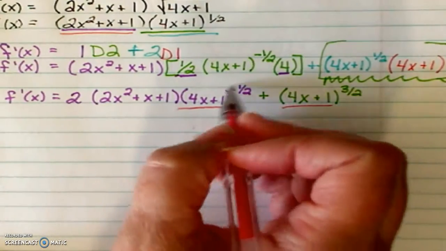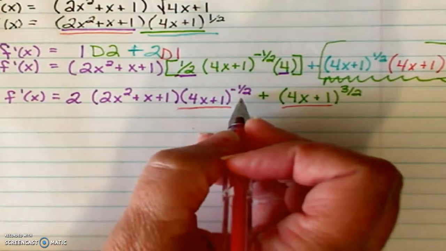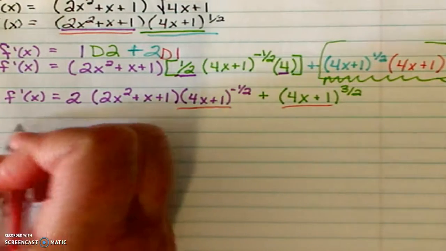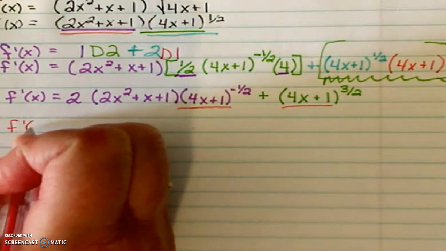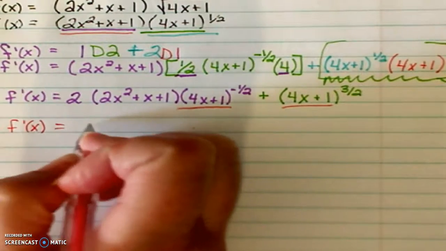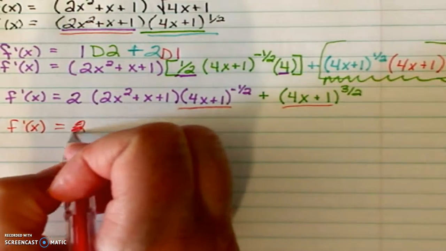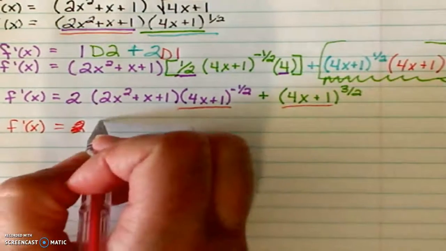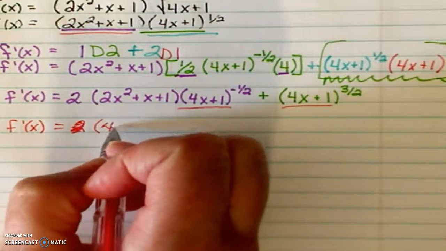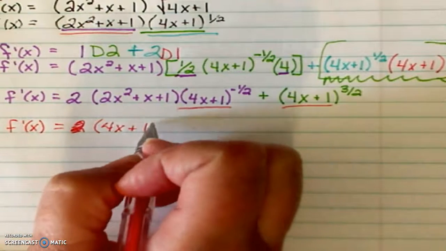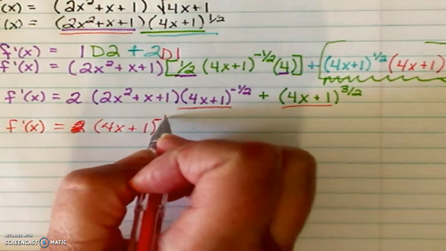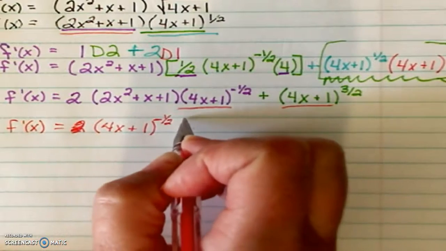So here we're going to factor out this negative 1/2. So as I write my derivative, we have 2. No, that's not where I want to put that. Sorry. We're going to have that factor we factor out, which is 4x plus 1, raised to the negative 1/2 power.